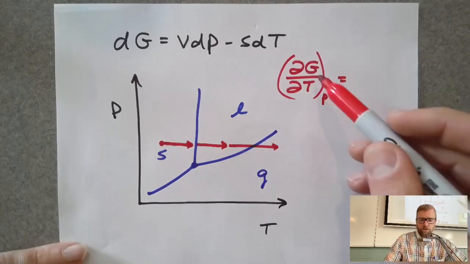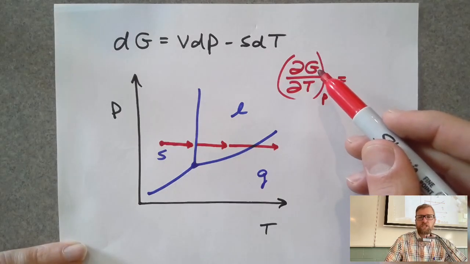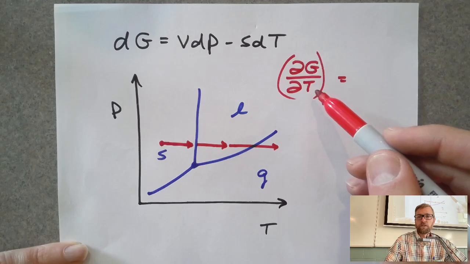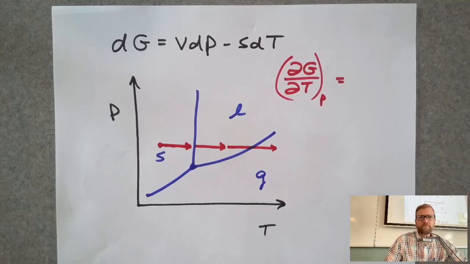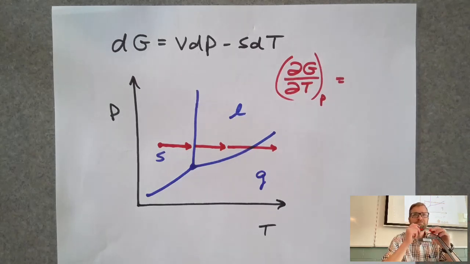This partial derivative tells me how G changes as I change temperature while holding pressure constant. So what's the verdict? What does this partial derivative equal? Liesl, you can chime in any time now.